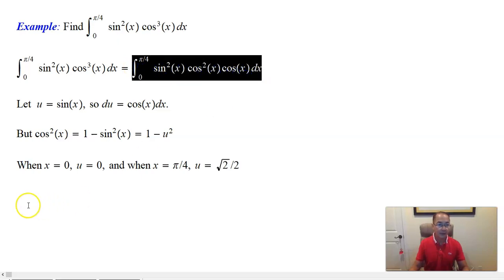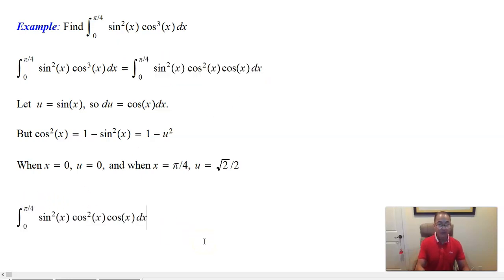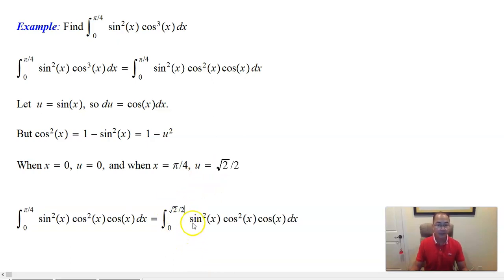So we're here. And now we transform that. Pi over 4 now becomes radical 2 over 2. So we will copy that up here. The 0 is still 0. Sine squared x is u squared. So goodbye. Cosine squared, though, is 1 minus u squared.